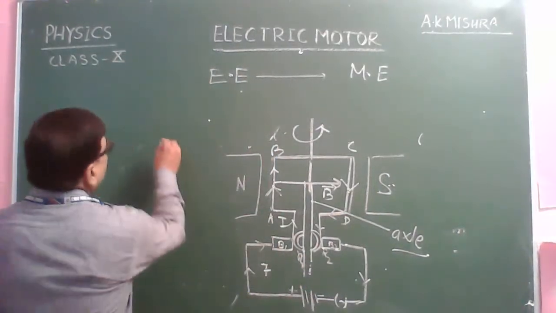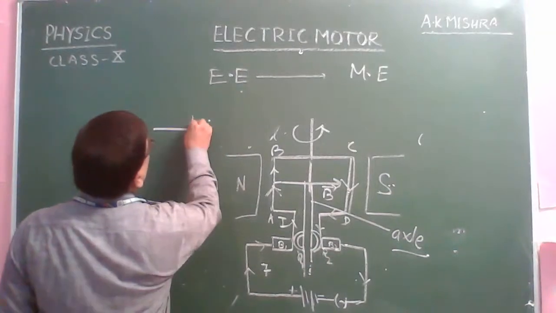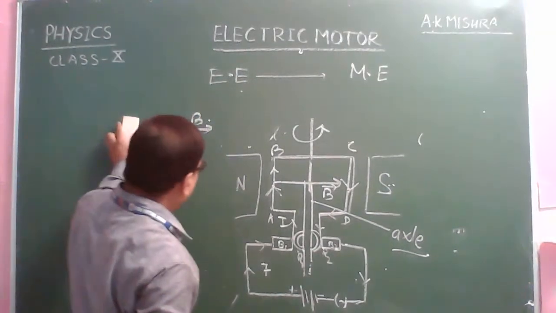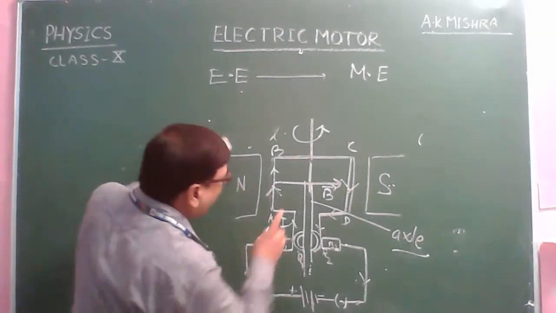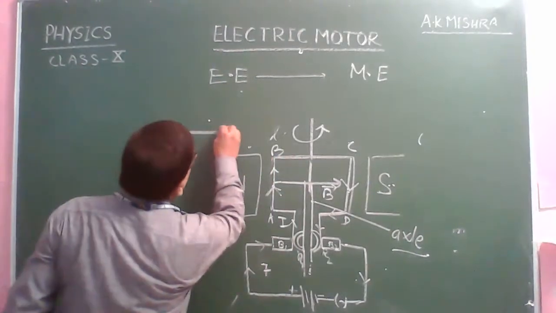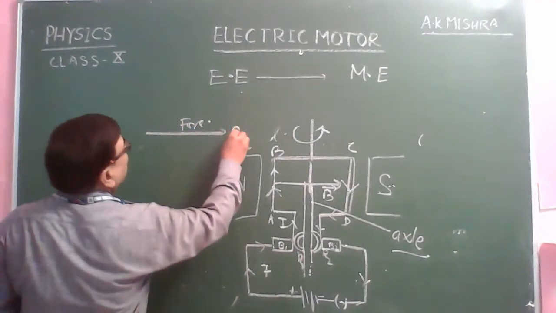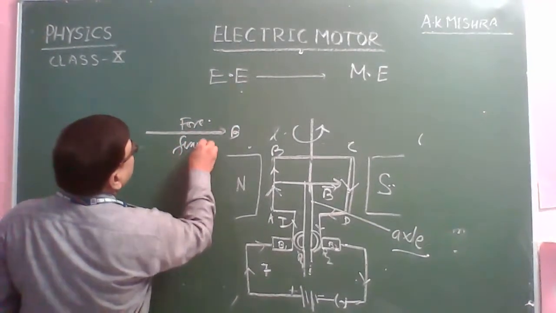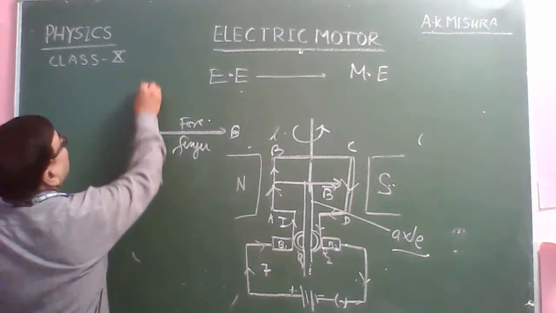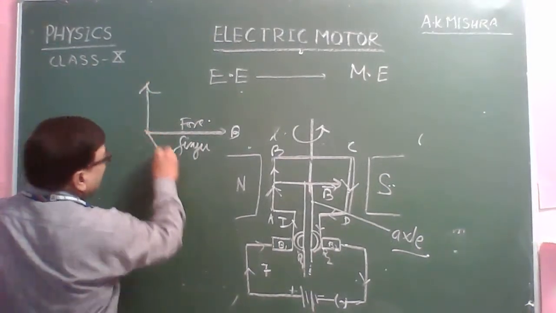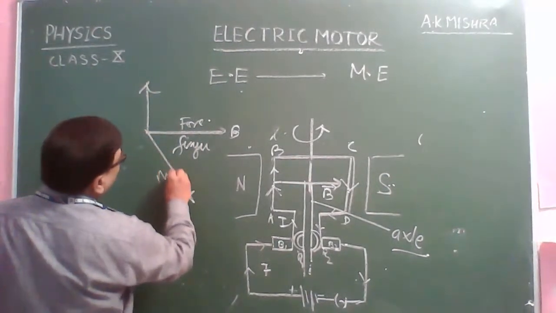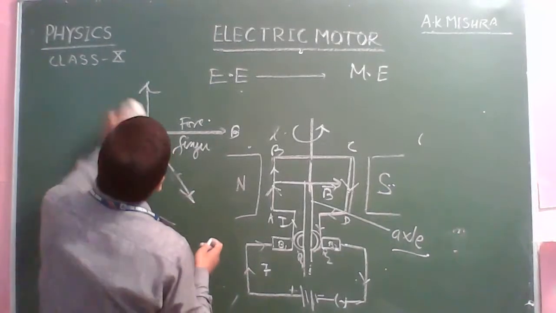So here, this is the B, and I am going to write here. This is the forefinger, B. And this is the current and this is the middle finger. This is the flow of current.